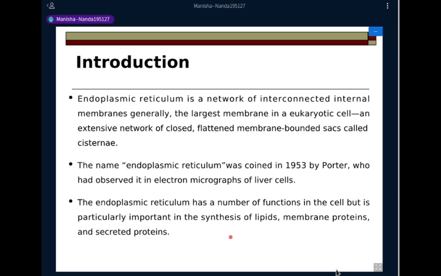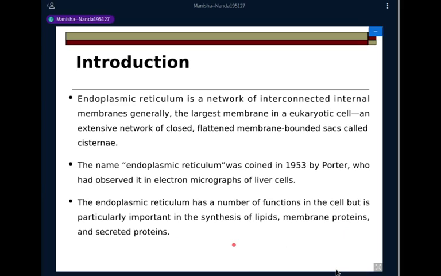Now, you must not get a false notion that endoplasmic reticulum actually synthesizes proteins, right? Once we talk of its significance in synthesis of membrane and secreted proteins, you should never be confused.